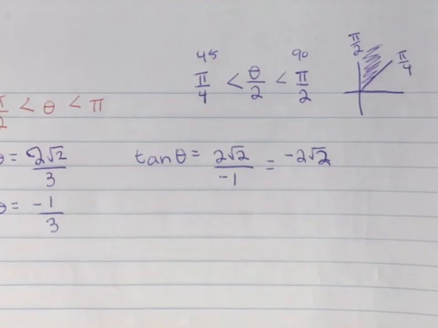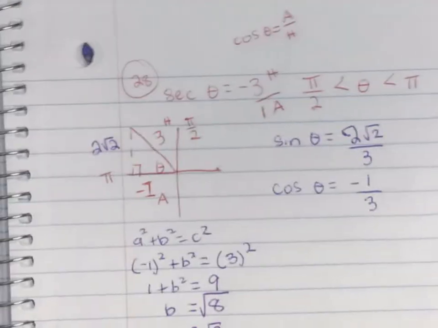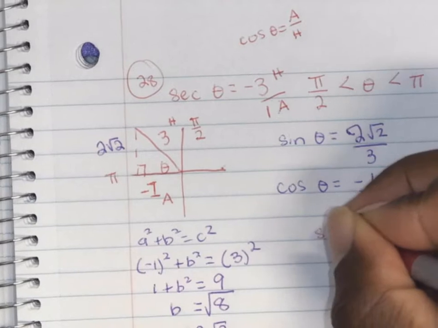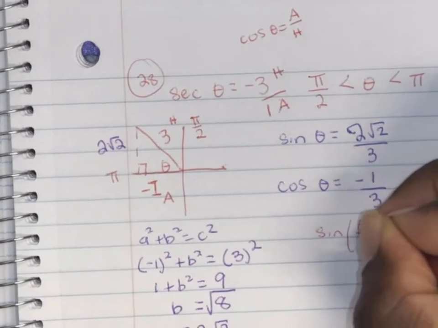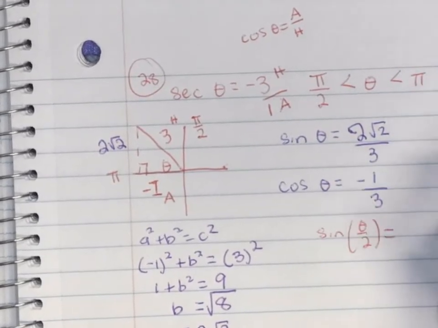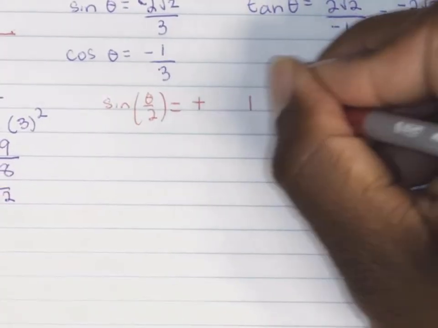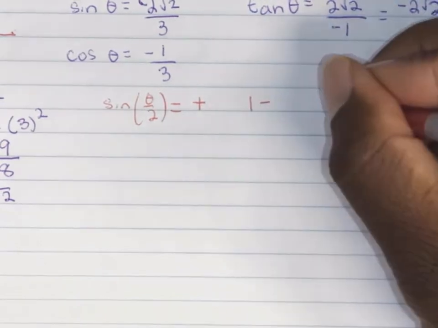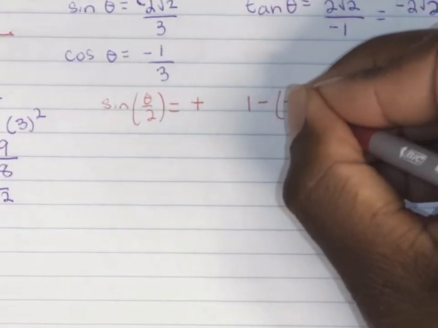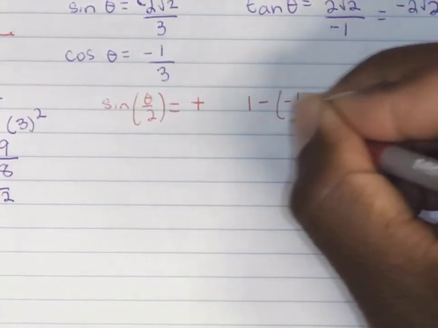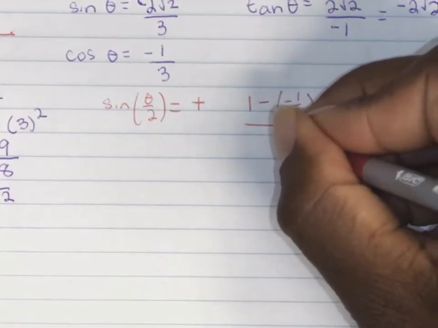All right, so let's do the half angles. First up, sine. Sine half angle, theta divided by 2. Since we're in the first quadrant, we're going to choose the positive version of it. And then I'll do 1 minus cosine, which we said was -1 over 3, divided by 2, all inside the radical.